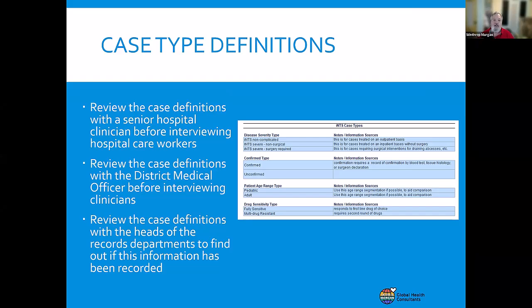I'm not hearing anything, but I am going to say that when we were working with the patient age range type, when we were in Ghana and Ethiopia, it was very difficult for us to separate between under fives and over fives. When people were telling us about what procedures they were using, they used the procedures for pediatric doses and adult doses.